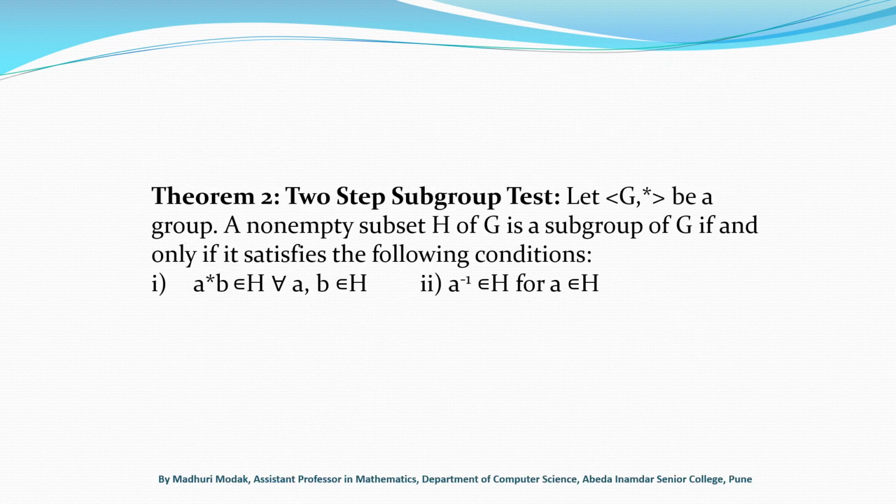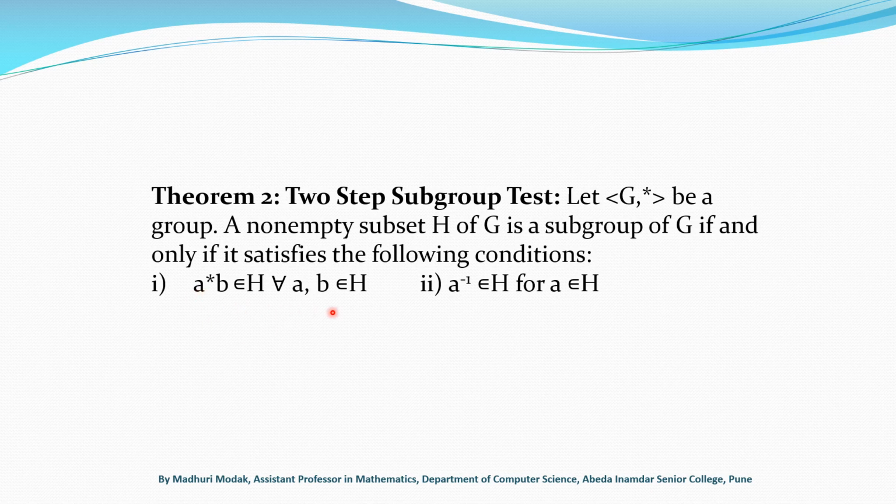Now another way of showing H is a subgroup of G is the two-step subgroup test. Let (G, star) be a group. A non-empty subset H of G is a subgroup of G if and only if it satisfies the following conditions. First, A star B is present in H for all A, B in H, that is the closure property.